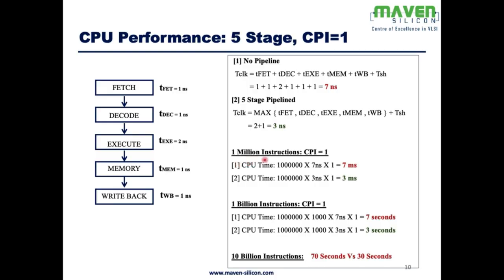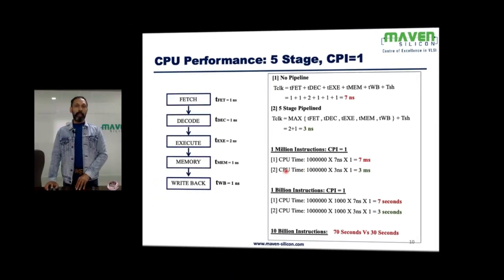So considering 1 million instructions, the regular processor is going to take 7 milliseconds, but the 5-stage pipeline processor is going to take only 3 milliseconds. It's huge. If you consider 1 billion instructions, the regular processor is going to take 7 seconds and the 5-stage pipeline processor is going to take only 3 seconds.